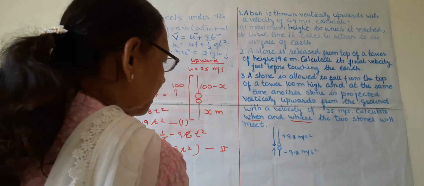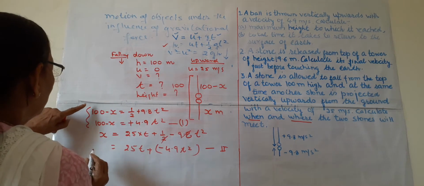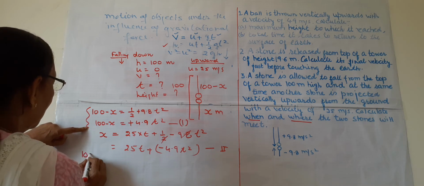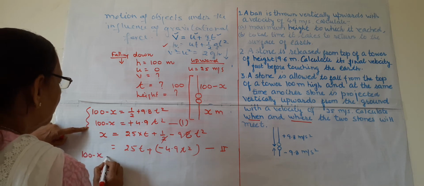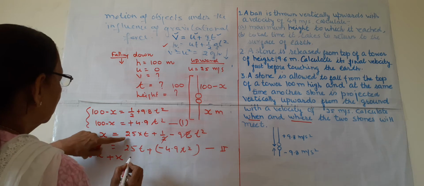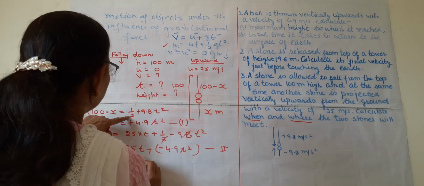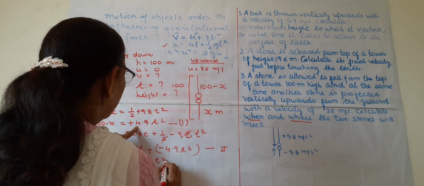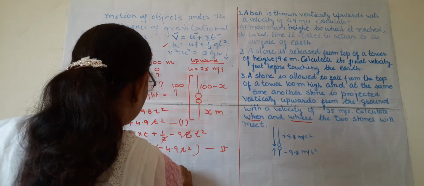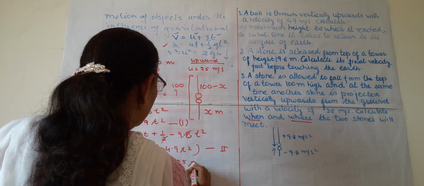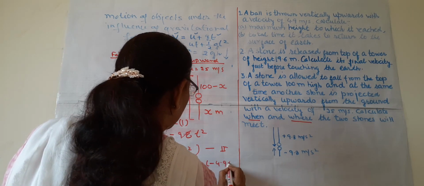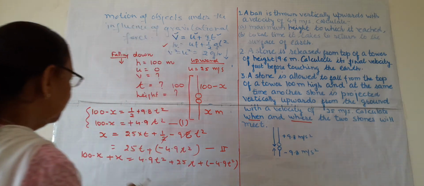Now we sum both the equations. If we add these both equations, it will be 100 minus x plus x is equal to 4.9 t square plus 25t minus 4.9 t square. Is it clear?